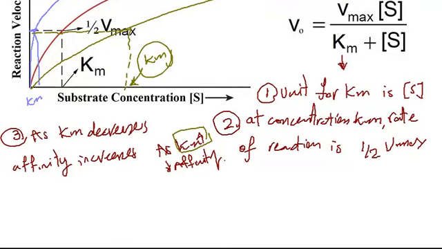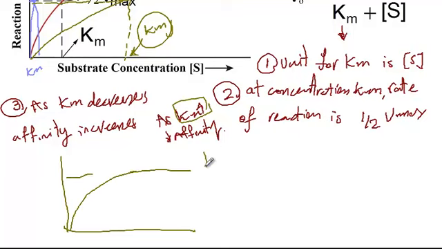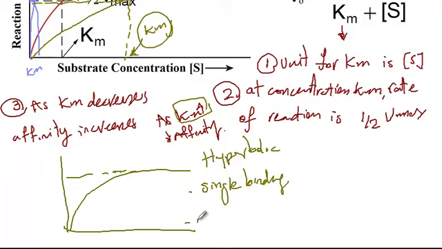Now here, what I would like to remind you is that we are talking about the Michaelis-Menten equation on a hyperbolic curve. So this is a hyperbolic curve, which assumes that there is only a single binding site for the enzyme and there is no cooperativity.